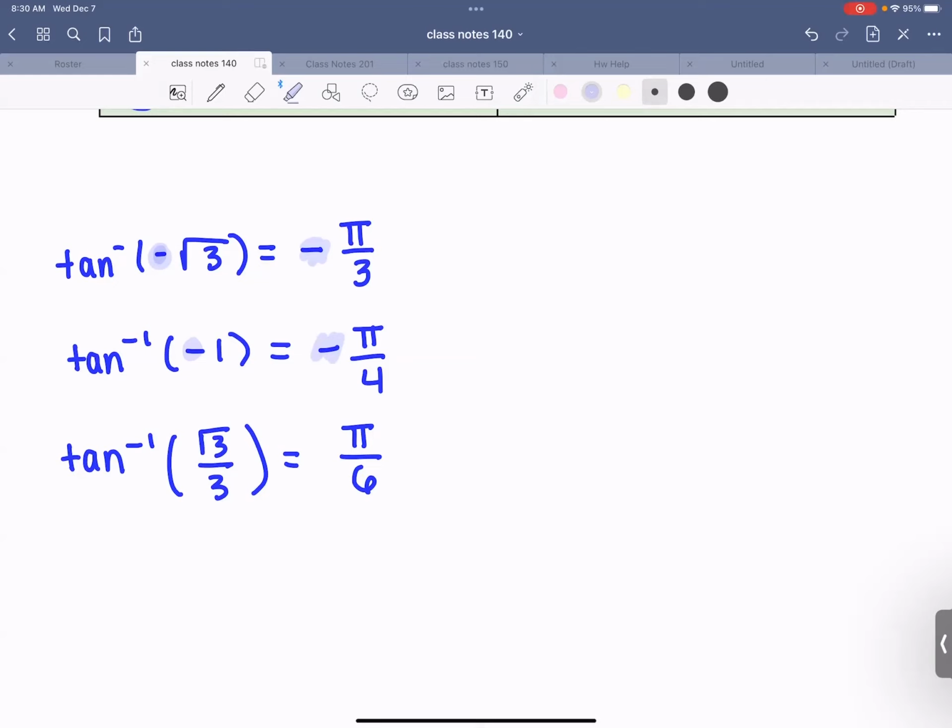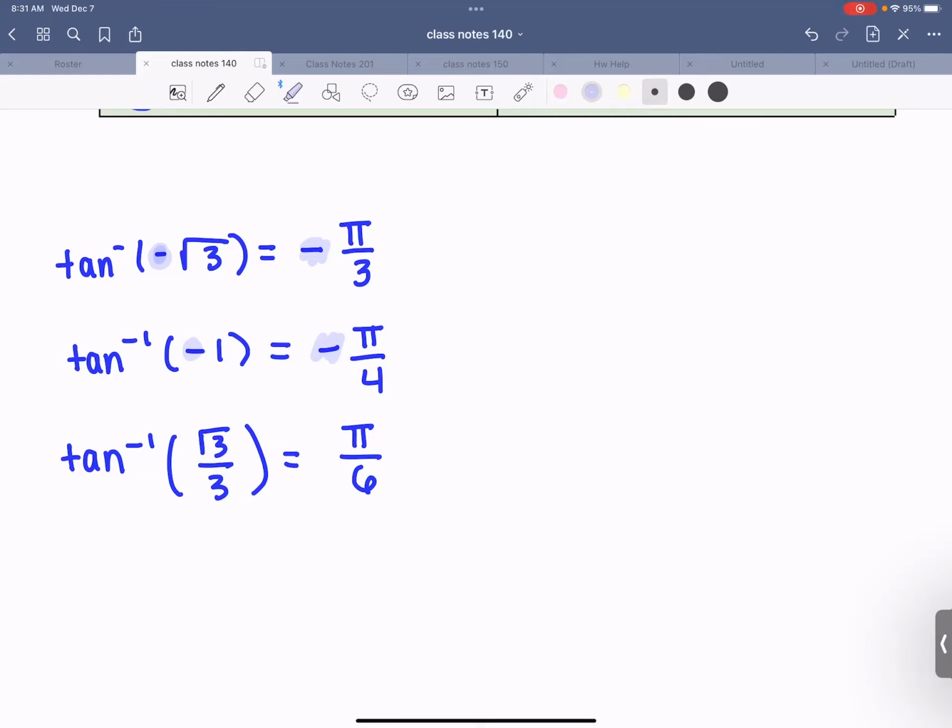Now, for positive numbers, the angle is always going to be positive, okay? Now, if you take a look at what the answer is, do you think we're ever going to get something that's not like 1 pi over a number? Not exactly, right? Because if you take a look at quadrant 4, the angle is always going to be like negative pi over 3, negative pi over 6. We're never going to get something like negative 7 pi over 11, right?